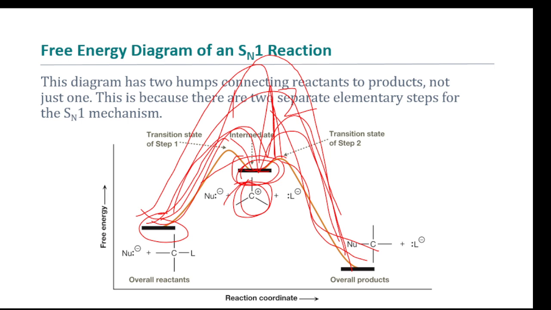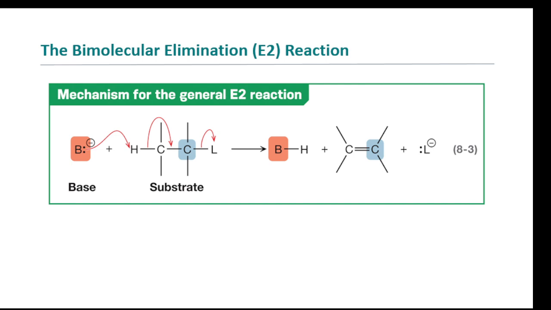And so enzymes oftentimes do things where it's SN2 normally, if we did it in an organic chemistry lab, but now it's SN1 in biological systems. Okay, so the mechanism for your general E2 reaction is going to look like this.